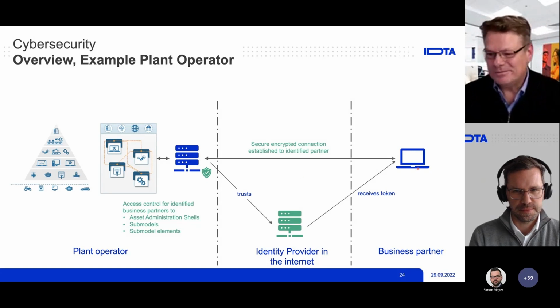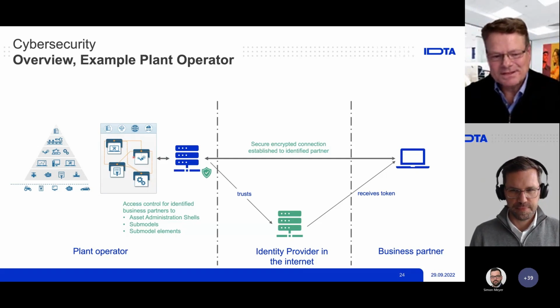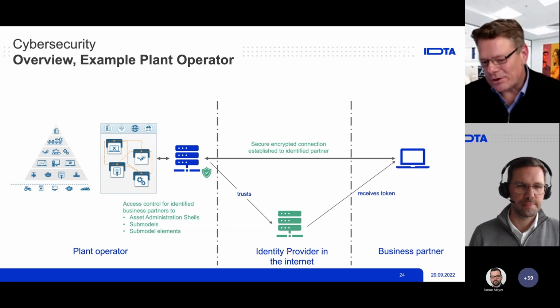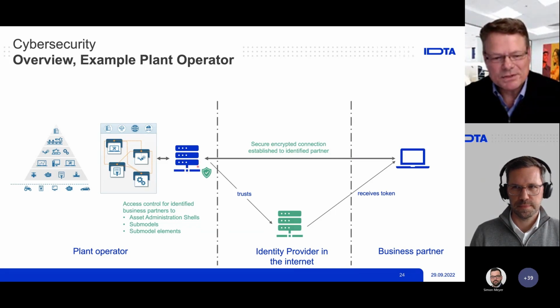Let's start from the right side here. Let's assume a business partner wants to access the asset administration shell. He would log into an identity provider, which both parties have agreed upon. He would receive a token. The token is used to log into the system of the plant operator in this example.